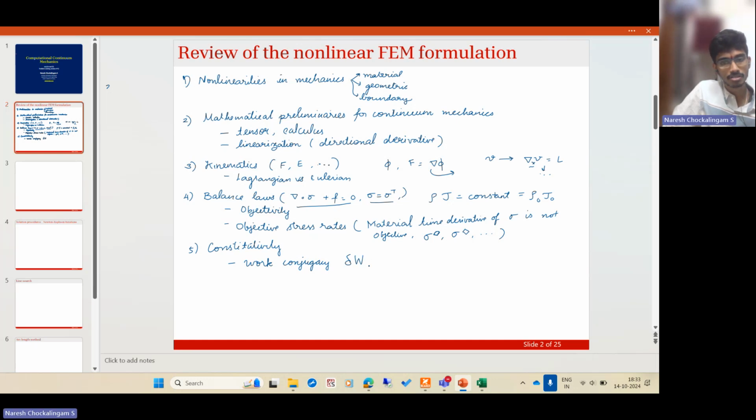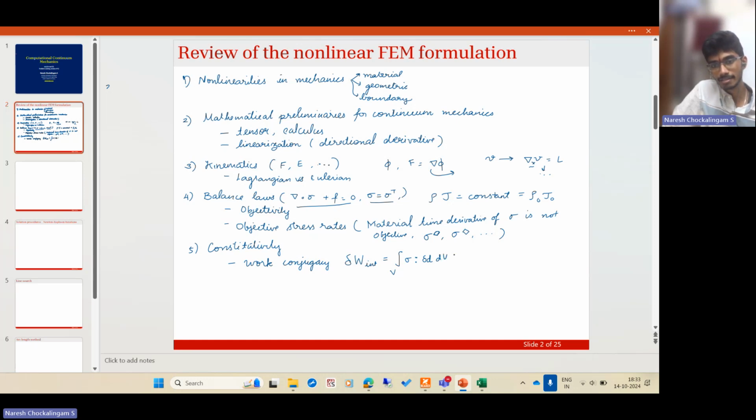They should be work conjugate, which means the internal virtual power can be written as sigma, integrated over the deformed volume, sigma contracted with d, the virtual rate of deformation tensor.